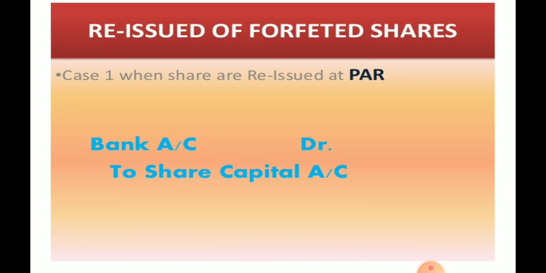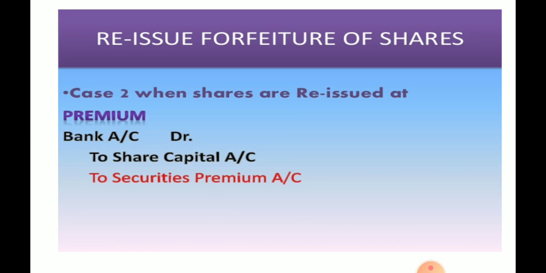Third is when shares are reissued at par: if the company reissues the forfeited share to another shareholder, the entry will be bank account to share capital. When shares are reissued at premium, bank account to share capital to security premium.